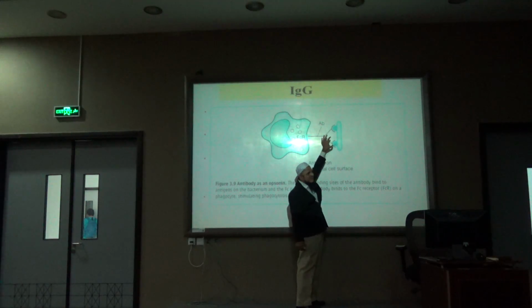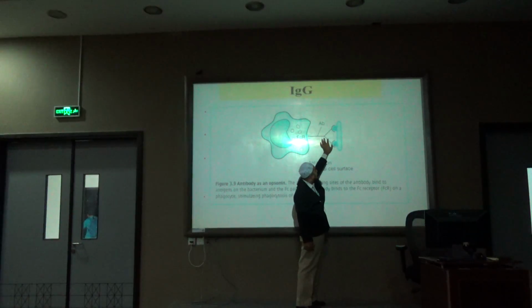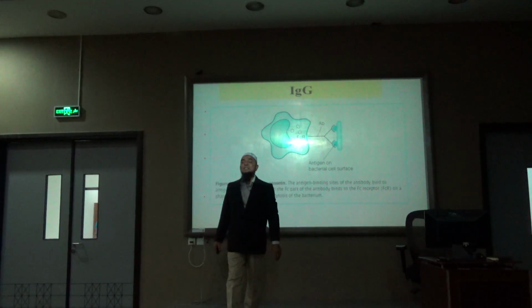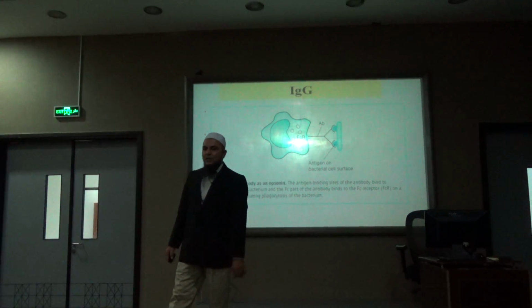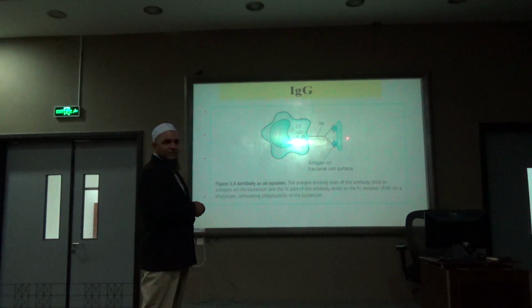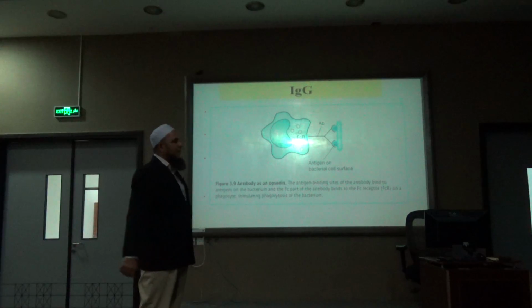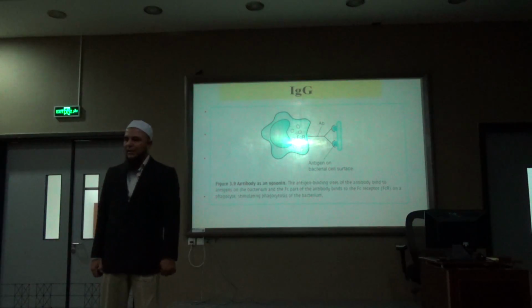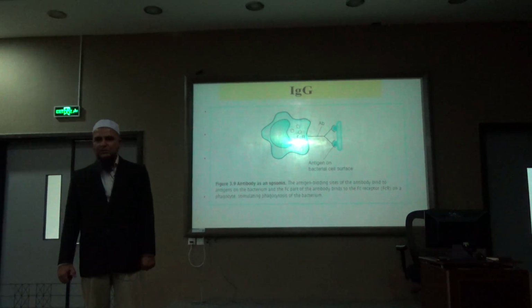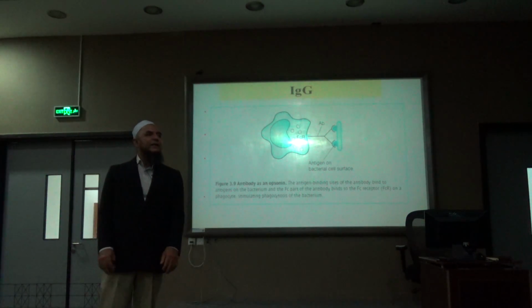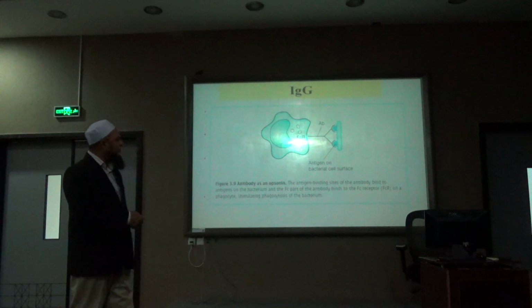On one side it is attached to the bacteria, and on the other side it is attached to the cell. So this is called antibody dependent cell cytotoxicity, ADCC, killing of the cell. Clear? Okay.